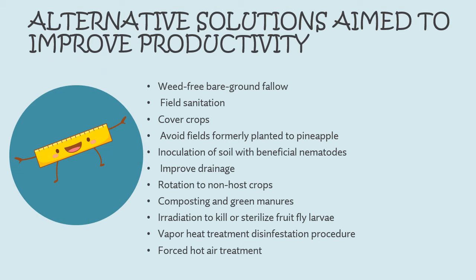Next are alternative solutions that we can use to improve our productivity of papaya. There are many solutions, but I will pick a few. The first one that is an easy solution is cover crop.